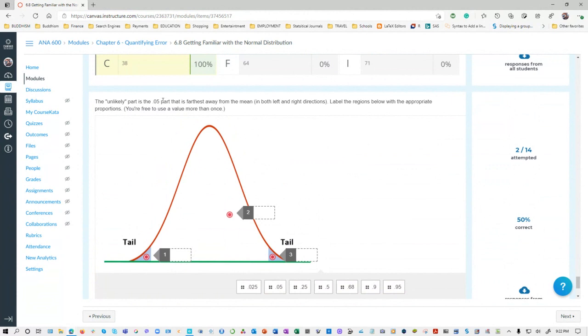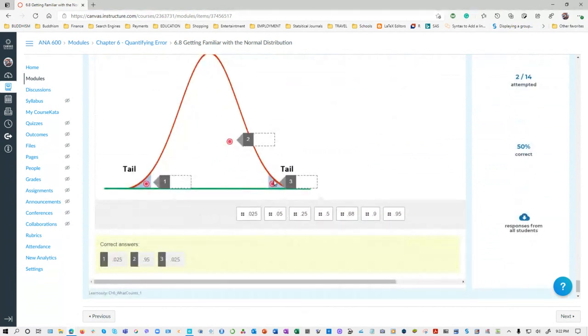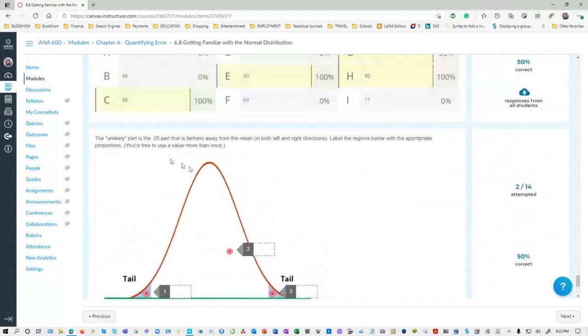Label the region below with the appropriate proportions. They say 5%. 5% from these two tails is taken out. If 5% is gone, in the middle is the part that is not furthest away from the mean.